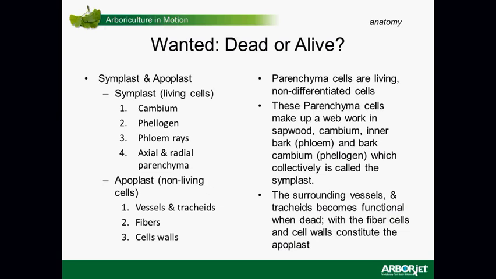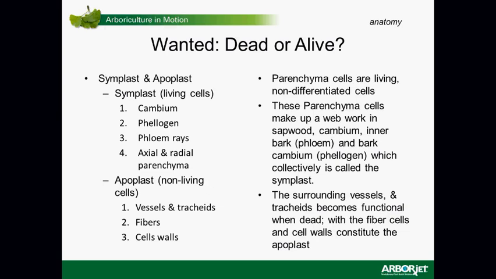And they collectively form a webwork, both radially, which means in toward the radius or center of the tree, but also along the stem of the tree. And that webwork is living cells. But sapwood, or the xylem in general, those xylem and tracheary elements are functional only after they die.